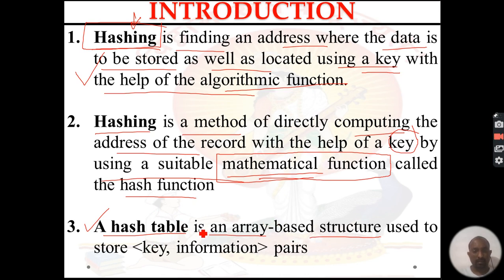In an array we can store the elements in a sequential manner, with no need to find out the key or hash value, but in hashing we need to find out the hash value. So a hash table is an array based data structure used to store key and information pairs. In hashing we need two fields, one is the key and the second one is the information.